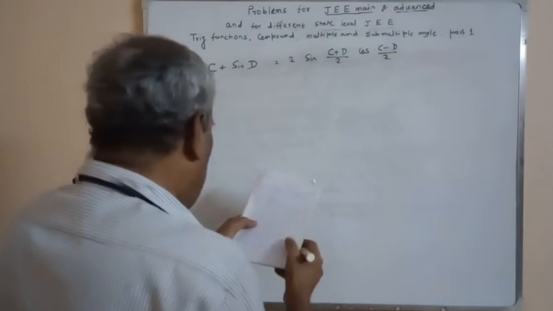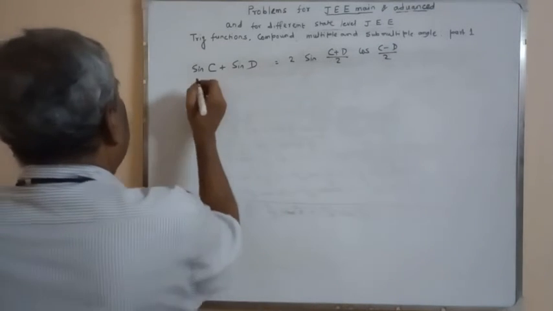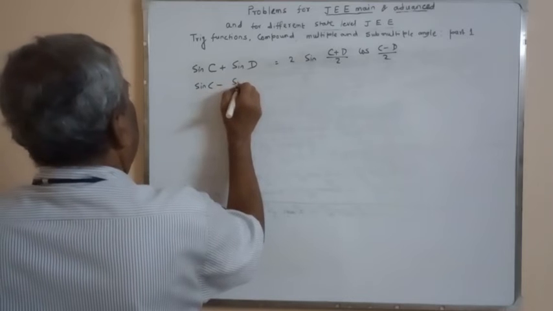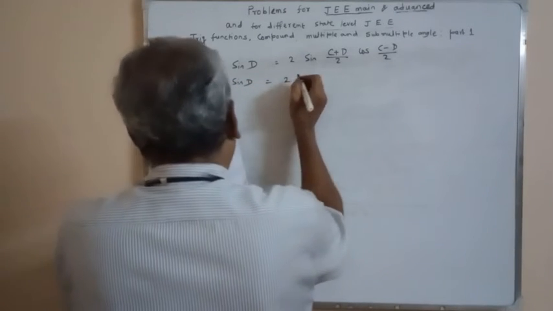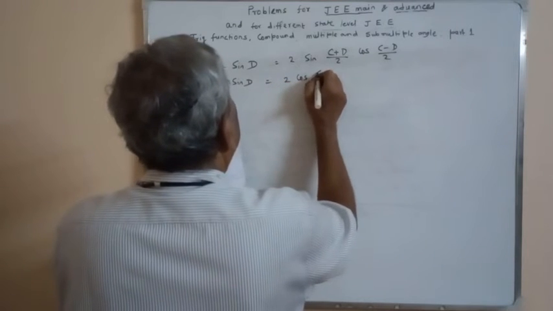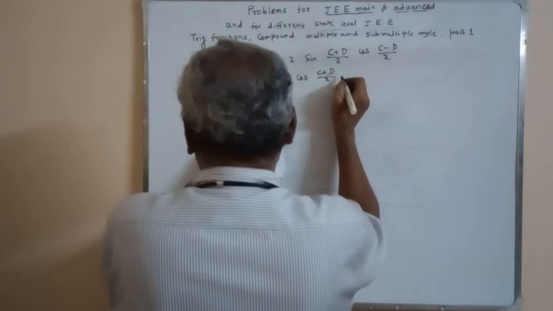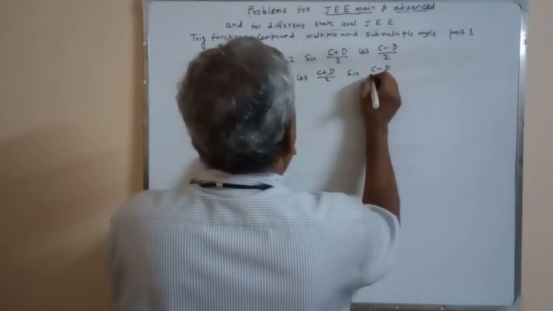These are very important formulas we have to use frequently. Sin C minus sin D is 2 cos of (C plus D) by 2 into sine of (C minus D) by 2.